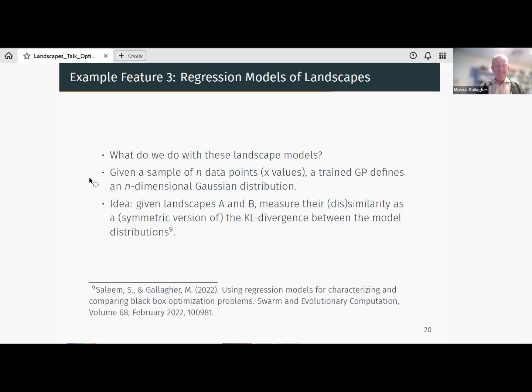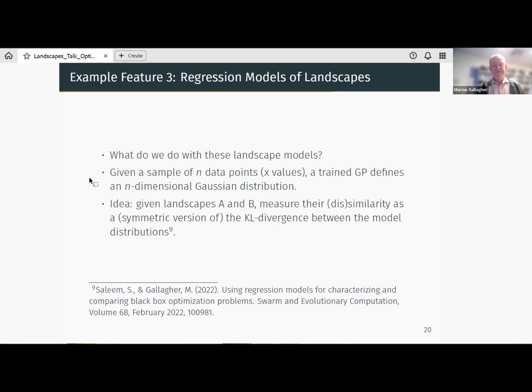So if we're interested in comparing landscapes, comparing problems, then the idea here is, okay, if we have two problems, A and B, let's fit a Gaussian process to each one of them. Based on the sample of X values, now we have two n-dimensional Gaussian distributions.